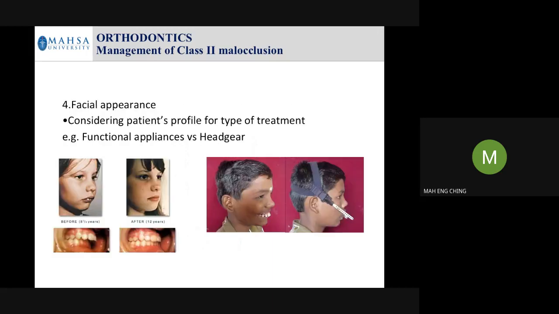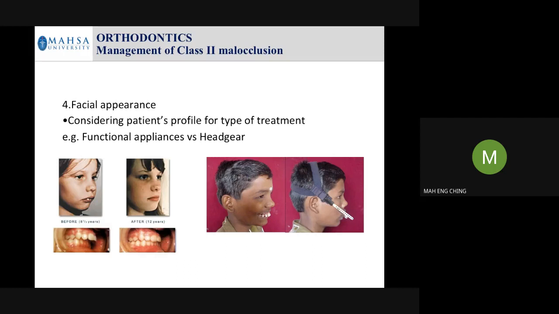So facial appearance, considering facial profile for type of treatment, functional appliance versus headgear. Like we said before, the class 2 malocclusion can be caused by skeletal factors. Skeletal is divided into upper maxilla and lower mandible. It can be the upper maxilla too forward or too long, or the mandible too short.